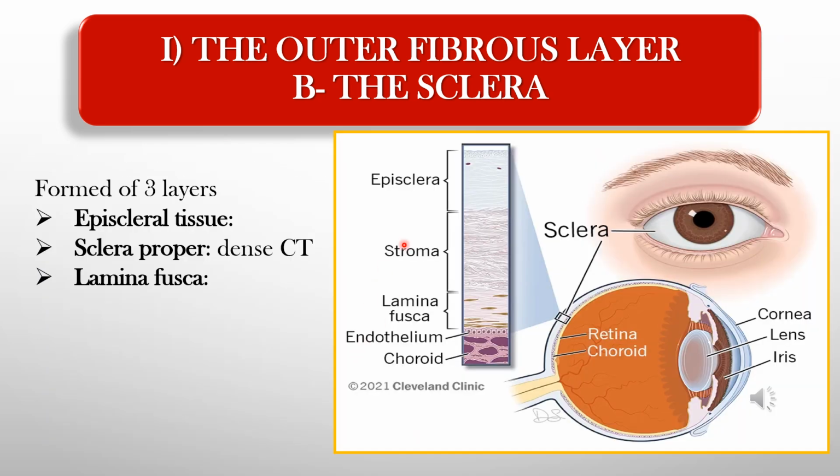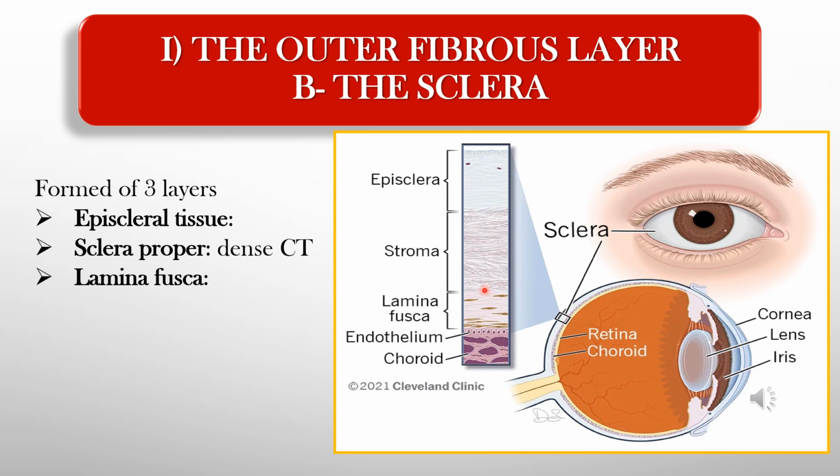The sclera is formed of three layers: episcleral tissue, sclera proper, and lamina fusca. The episcleral tissue is the outermost fibroelastic connective tissue formed of fibroblasts, collagen, and elastic fibers. The sclera proper, or the stroma of the sclera, is formed of dense connective tissue containing collagen fibers, elastic fibers, fibroblasts and ground substance.